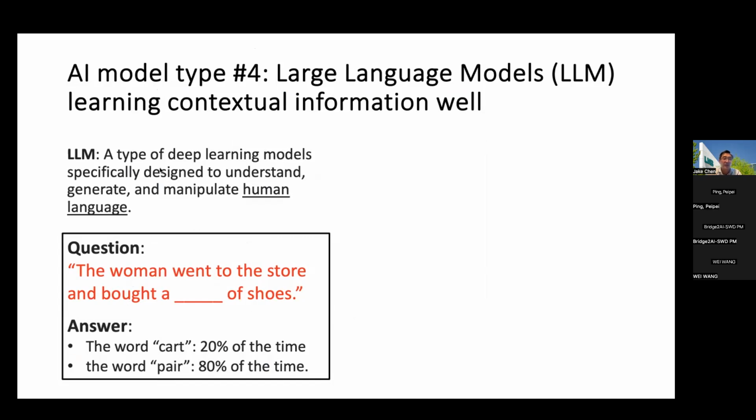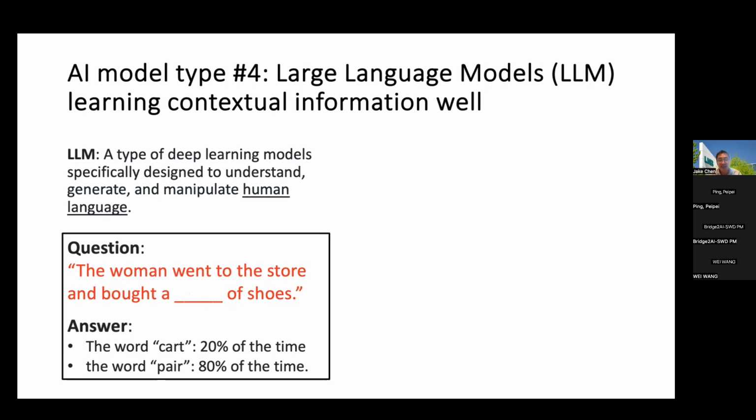For example, it just uses deep learning and human language. Here's a question: the woman went to the store and bought a what of shoes? Most of us may think it's a pair of shoes. You could also say a cart of shoes, and some women may have a shoe fetish.